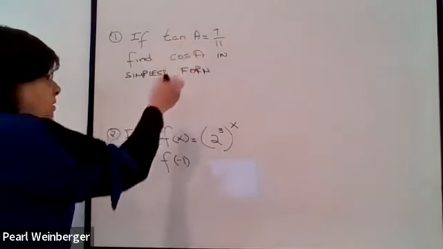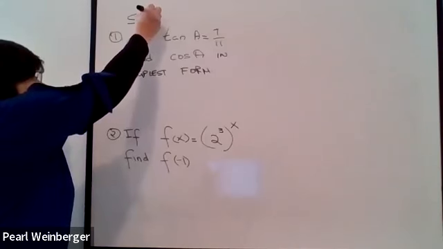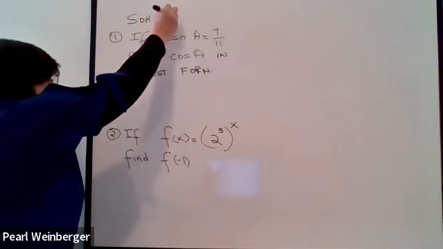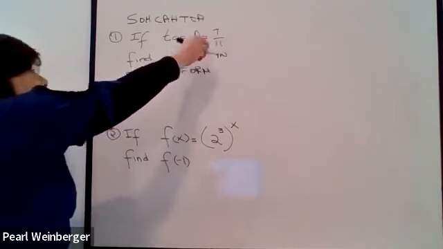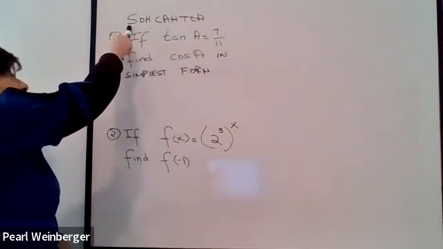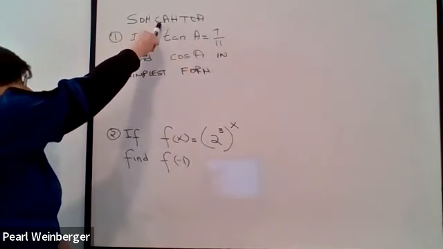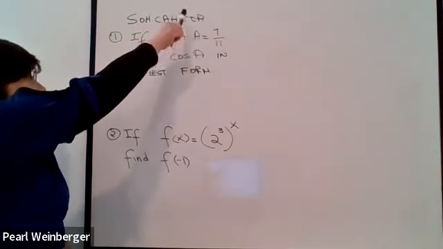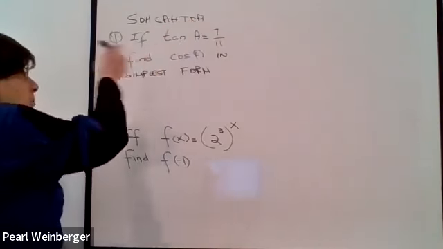We know that the tangent, remember, SOHCAHTOA reminds us that the sine is the opposite over the hypotenuse. The cosine is adjacent over the hypotenuse, and the tangent is opposite over adjacent.